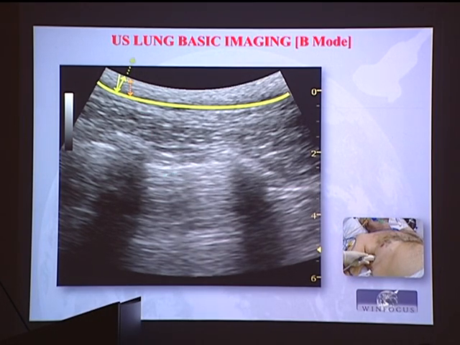The more the interface is perpendicular and the more there is a difference of impedance between two adjacent tissues, the more the reflection will be of high intensity. So what is brighter here means a higher level of reflection, determined both by the angulation and by the capacity of reflecting of that interface.